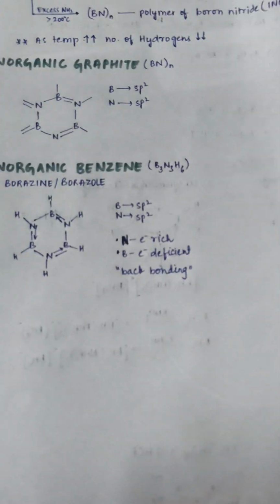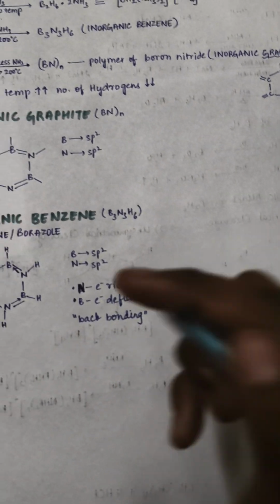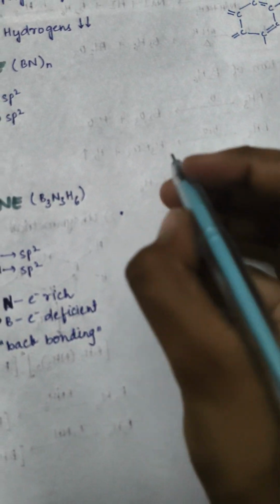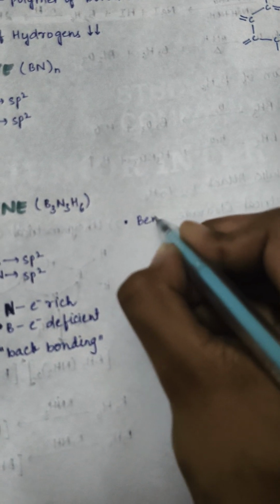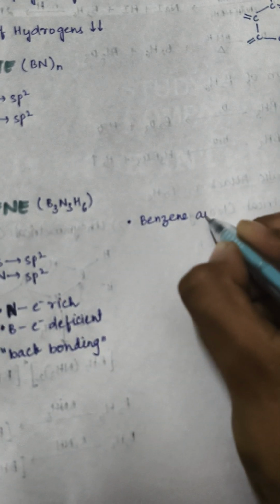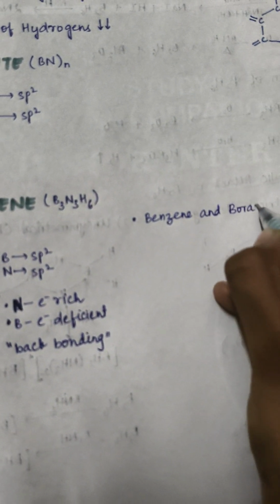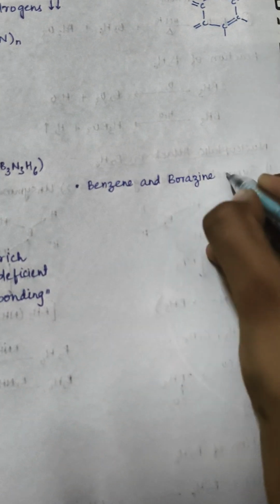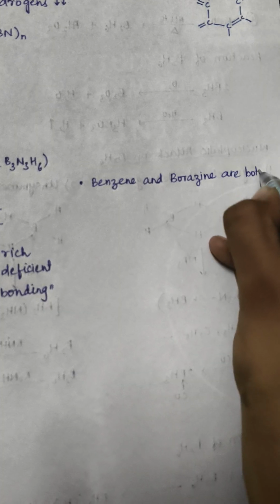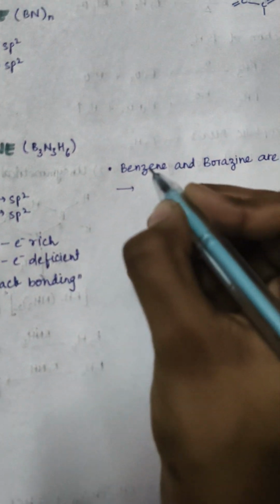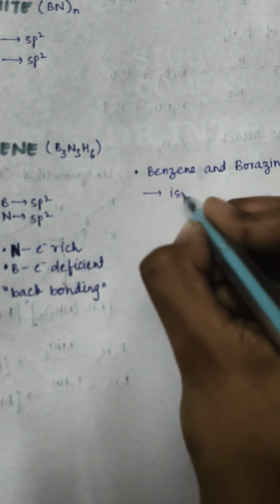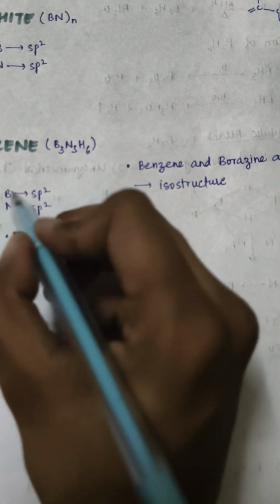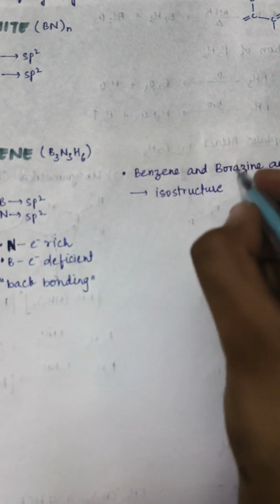Now, some parallels between benzene and borazine is that both are isostructural, that is, both are planar molecules, both are planar with sp2 hybridization and all.